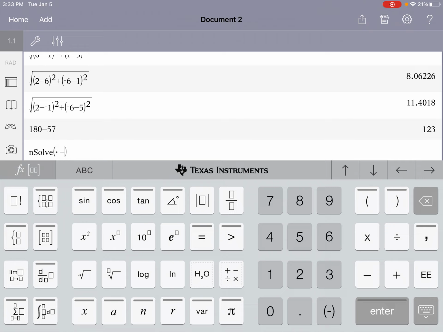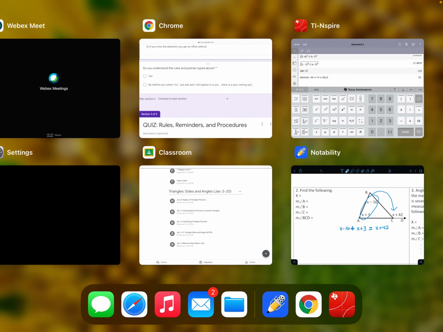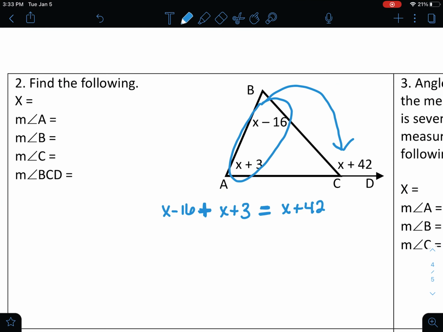So x minus 16 plus x plus 3 equals x plus 42, comma, oops, that was supposed to be an x. I put times by accident. And then we put comma x after that, and we get 55. All right, I'm just triple checking it to make sure I typed it correctly. Looks good. So we get x equals 55.